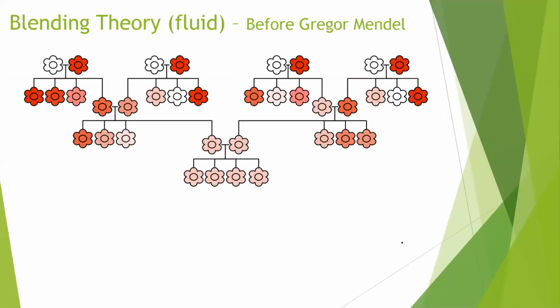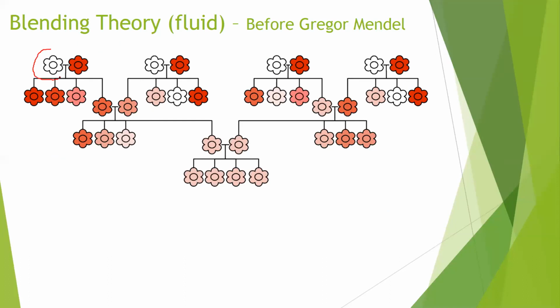Okay, let's continue. Before Mendel, there was a theory called the blending theory. What is the blending theory? The people at that time, before Mendel, came up with this idea to explain the inheritance patterns. The blending theory means the genetic materials just act like a fluid.